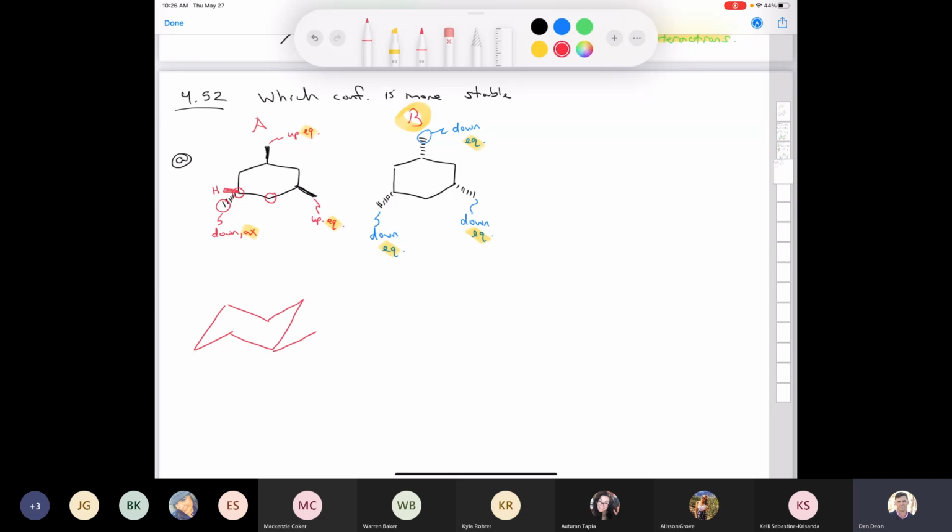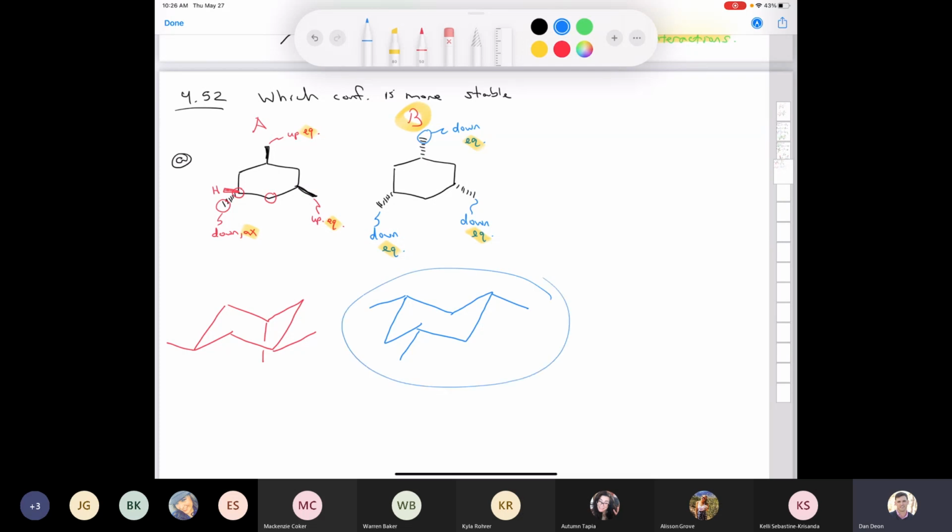So this is up and equatorial, this is up and equatorial, and then this one would be down and axial like this. Sometimes we like to disconnect the bond, maybe like that, to show that it's going behind the page. Right, whereas in this one, the most stable of the conformations has this one going down, right? This one is going down, and this one is going down, and everything is equatorial.